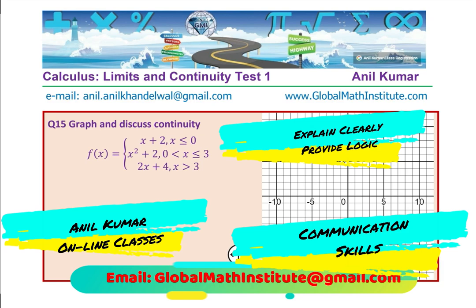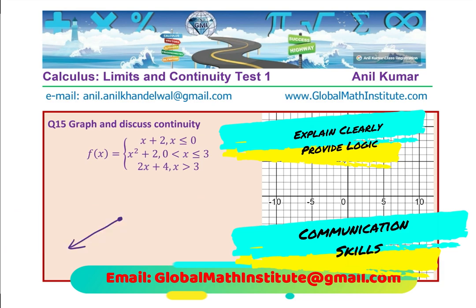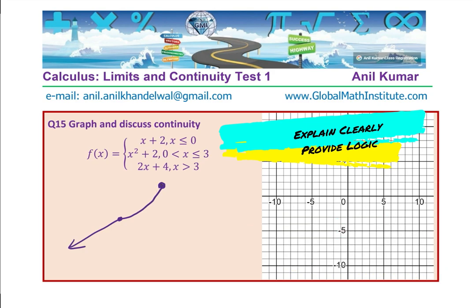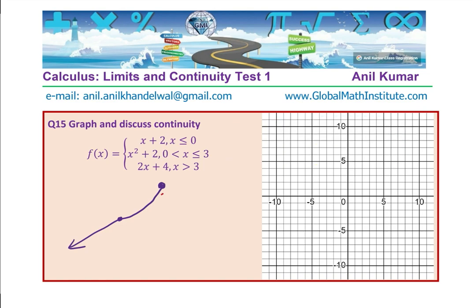The line was something like this, and the parabola started right from there and went up to this place. However, the third piece, which is 2x plus 4, started a point below, and therefore what we have here is a jump discontinuity.